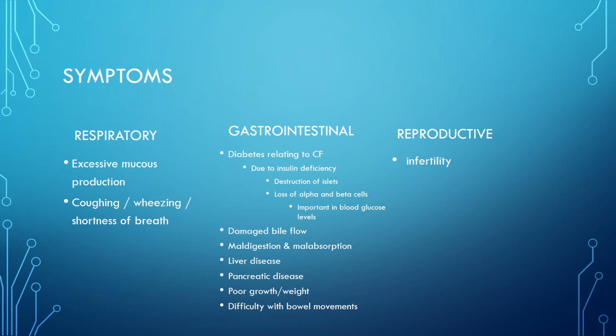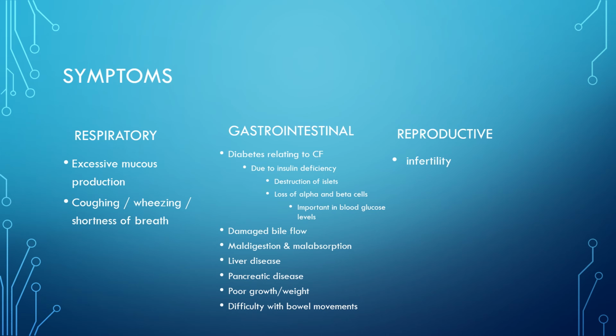In the reproductive system, many male patients with cystic fibrosis also develop congenital bilateral absence of the vas deferens. This prevents sperm from moving from the testes to the urethra. This is all due to the same mutation to the CFTR gene.